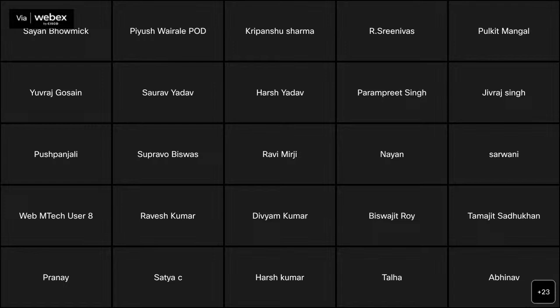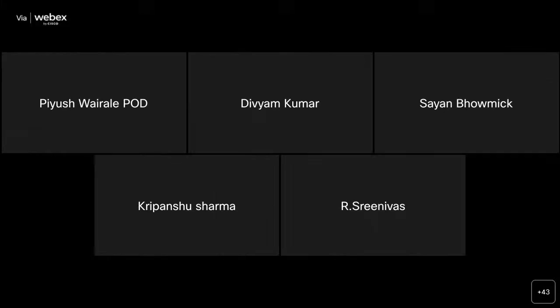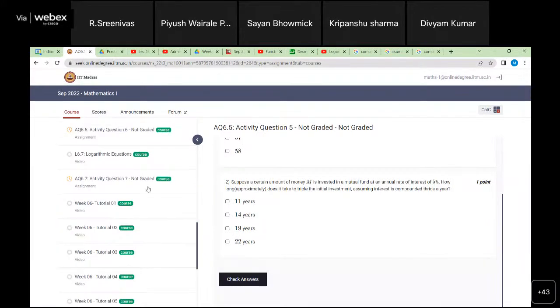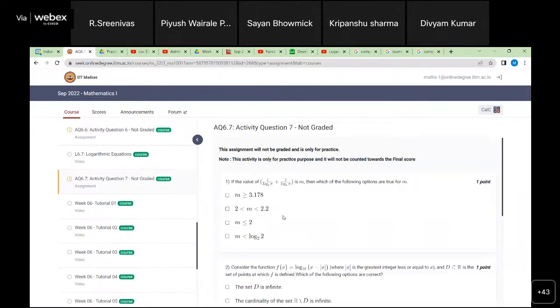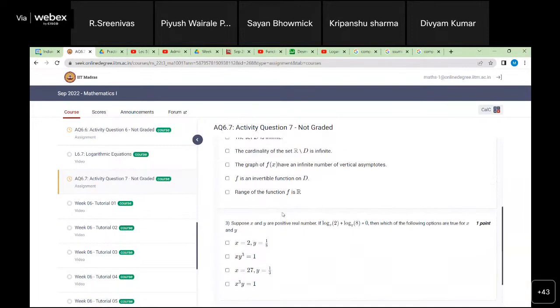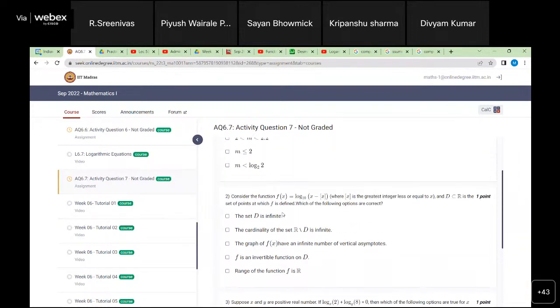Okay. Any other doubt? Any other activity question? 6.7, question 2 and 3. Question 3 we have discussed. Question 2: consider the function where x denotes the greatest integer value.